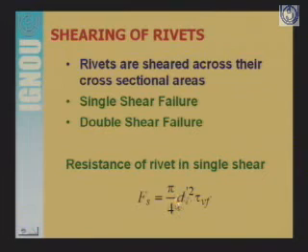This is equal to pi by 4 d dash square, where d dash is the gross diameter. So this pi by 4 d dash square gives us the area which is effective in taking the shear stress, into the maximum permissible shear stress, which is shown here as tau Vf. So if we multiply this permissible shear stress into the effective area, then we get the shearing resistance of the rivet.